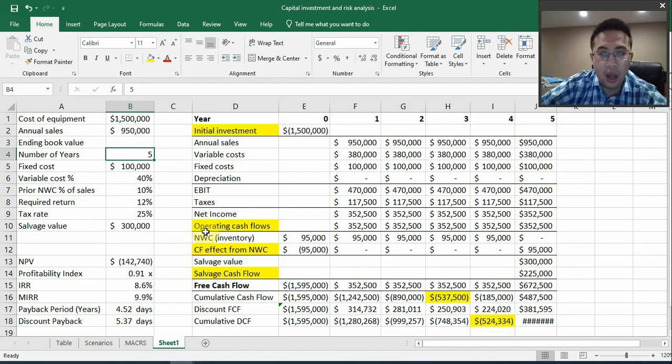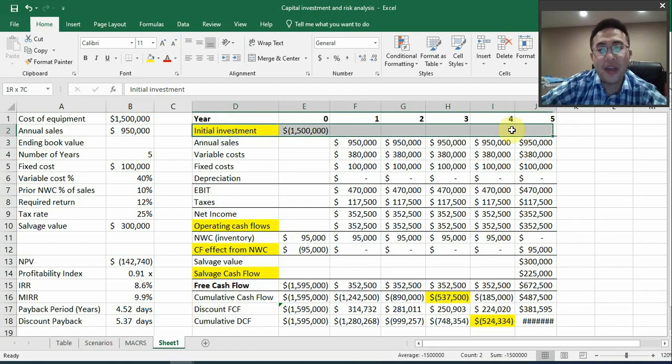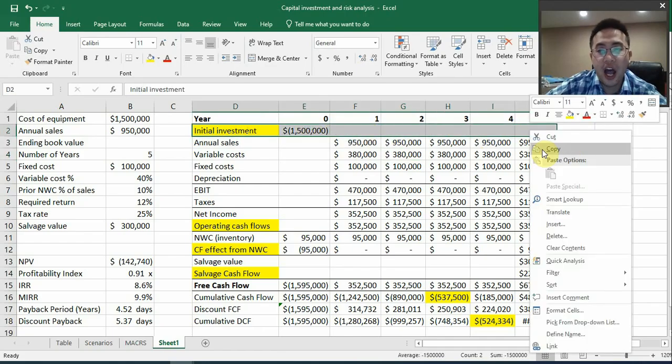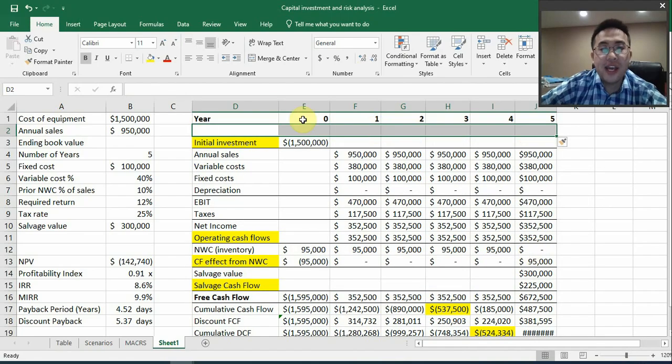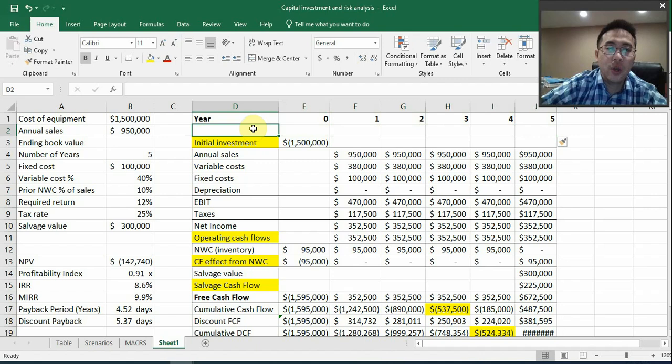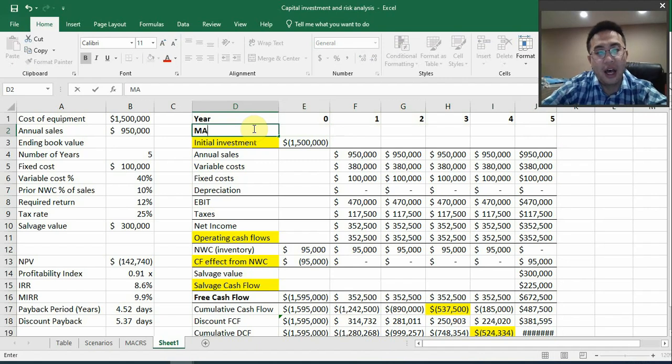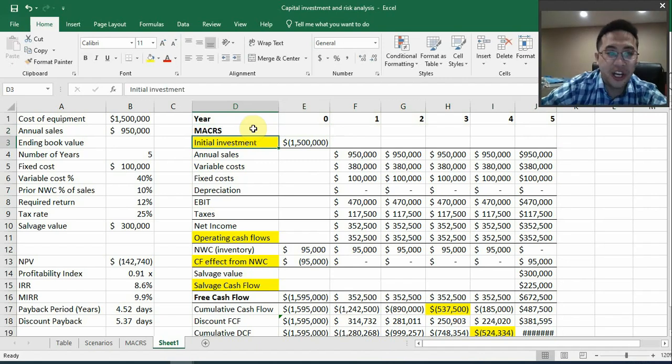One thing I want you to do here is insert a blank row. You're going to select all the cells, then right click on it, do insert, and shift cells down. This new blank row will provide you the data of the MACRS percentage.